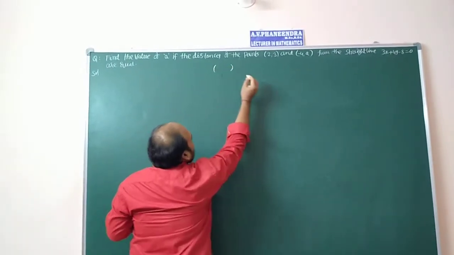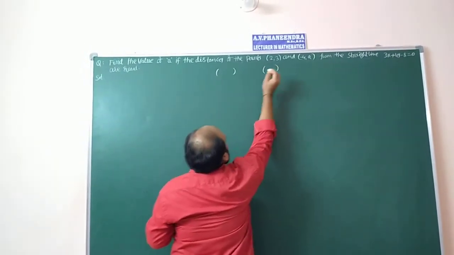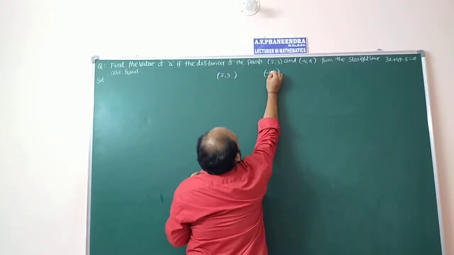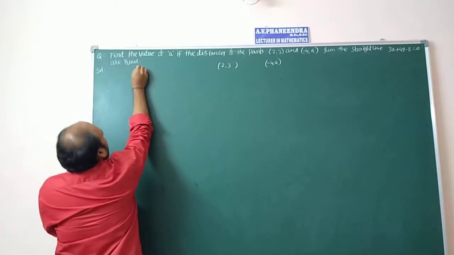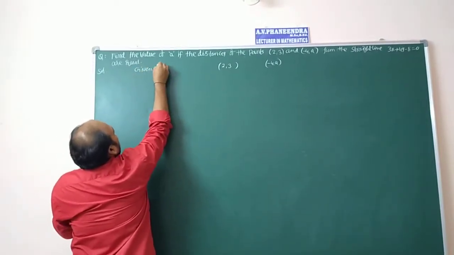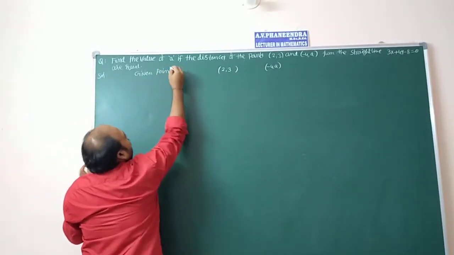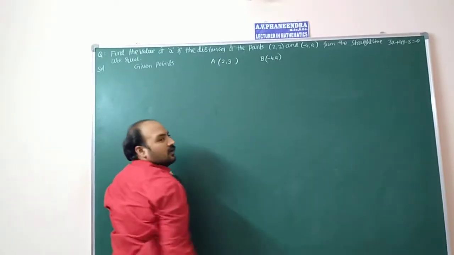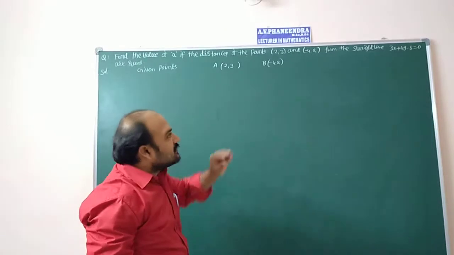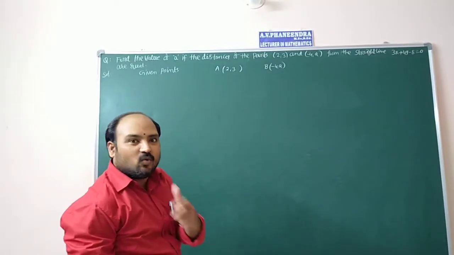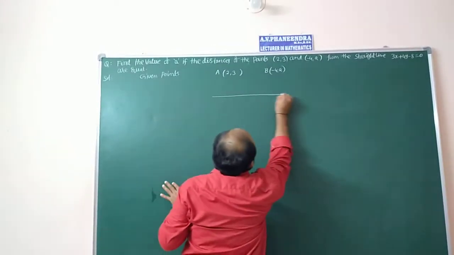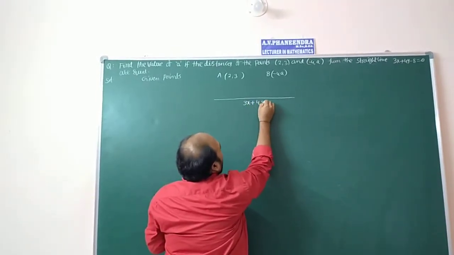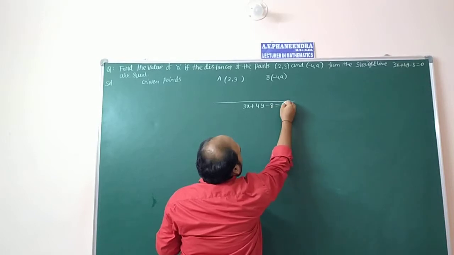These are the given points, 2, 3 and minus 4, a. You can give the names, one is A, another one is B. And these two points are at equal distance from the line 3x plus 4y minus 8 equal to 0.